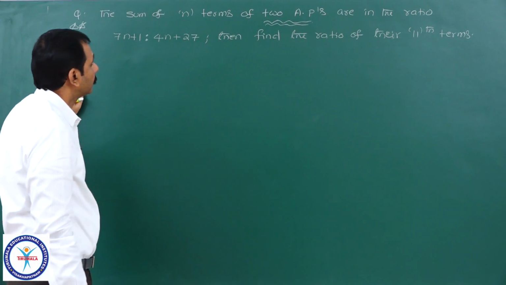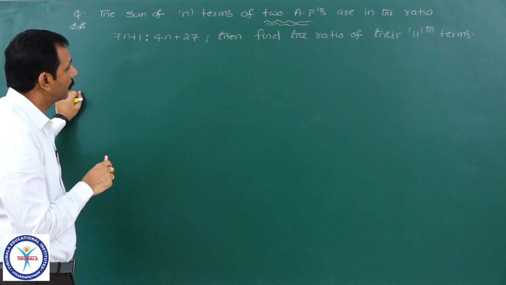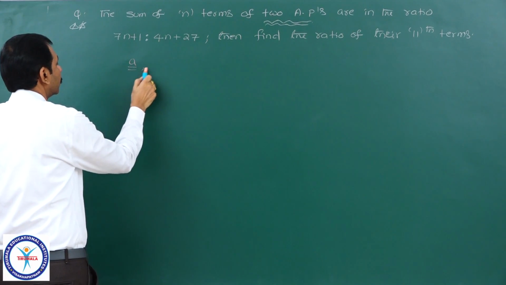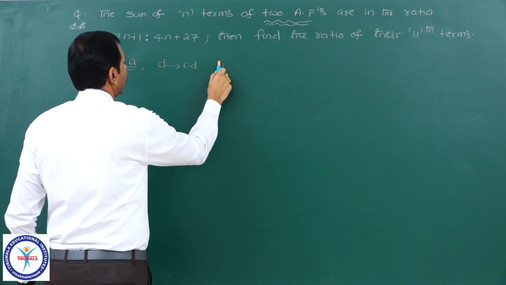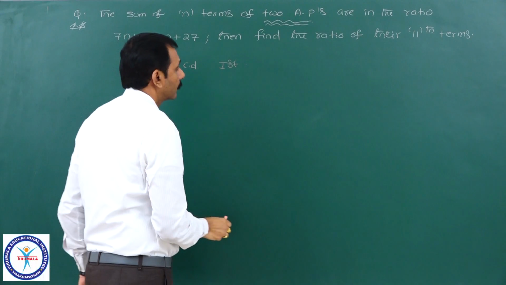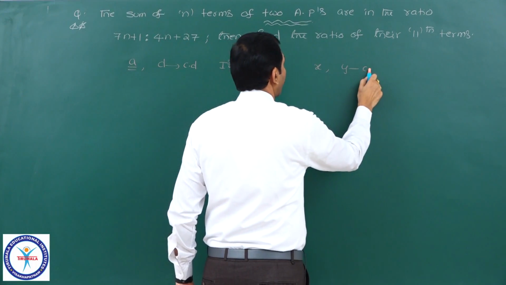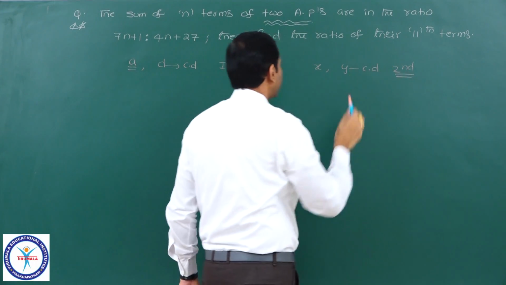Listen here, they have given two APs. So let A be the first term and D be the common difference of the first AP, and let X be the first term and Y be the common difference of the second AP.